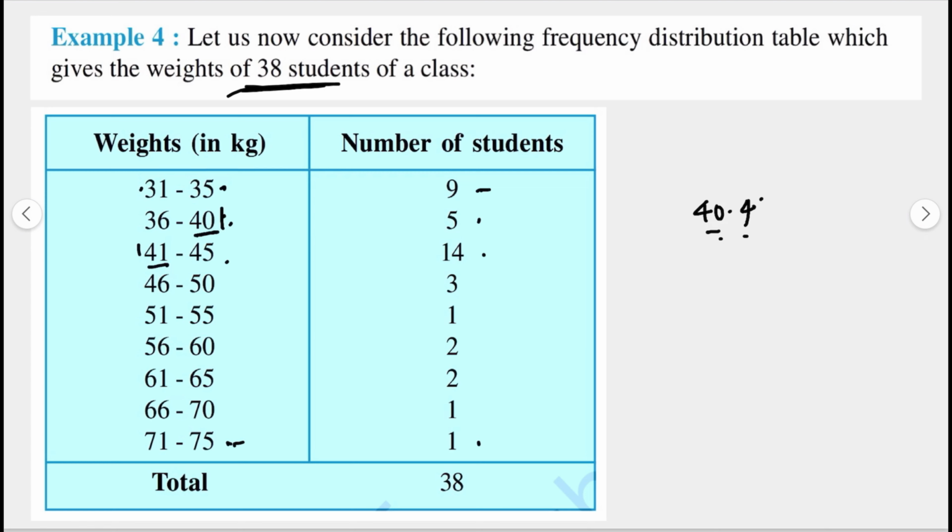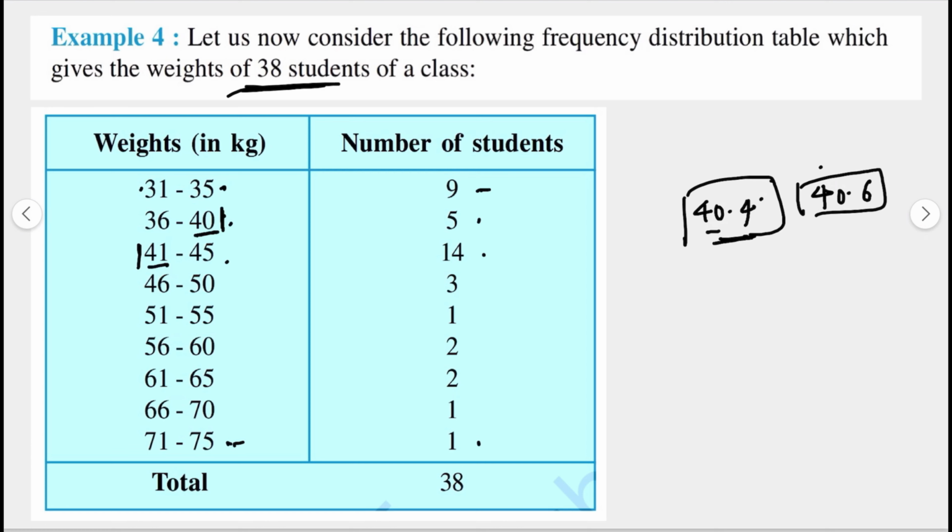That means we don't have any place to include this number, 40.4. Also if we have a number like 40.6, we cannot find a place to include it in any of the intervals. This one ends at 40 and this one starts at 41, and these two numbers lie between 40 and 41.